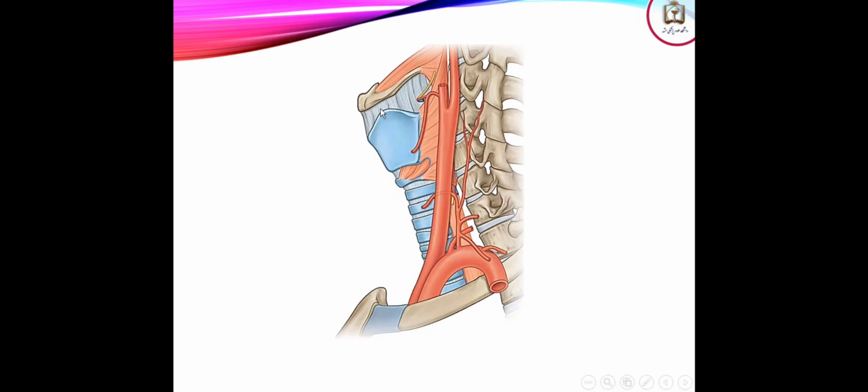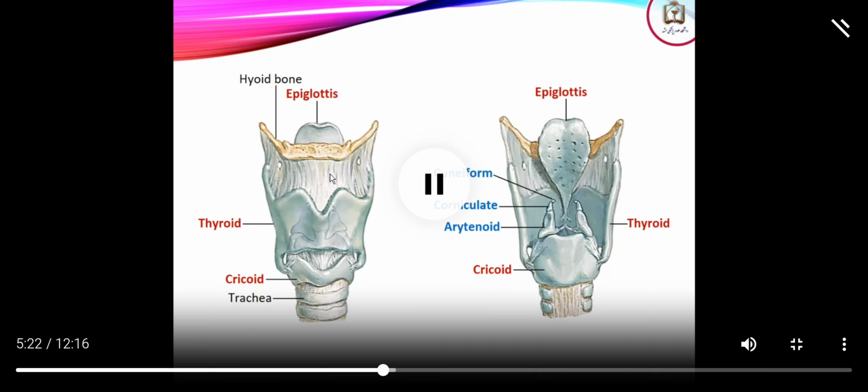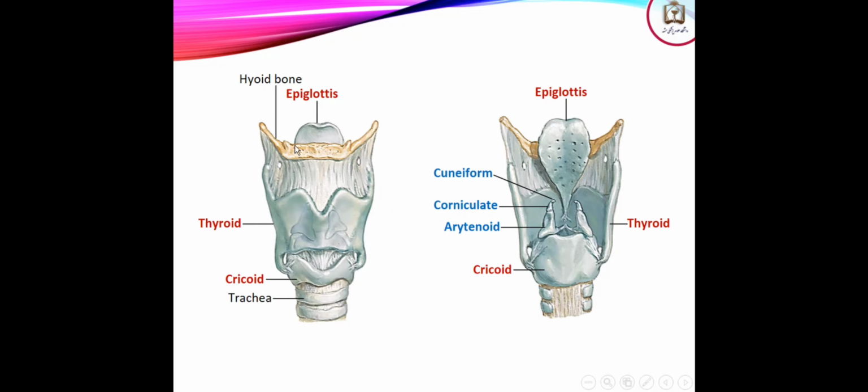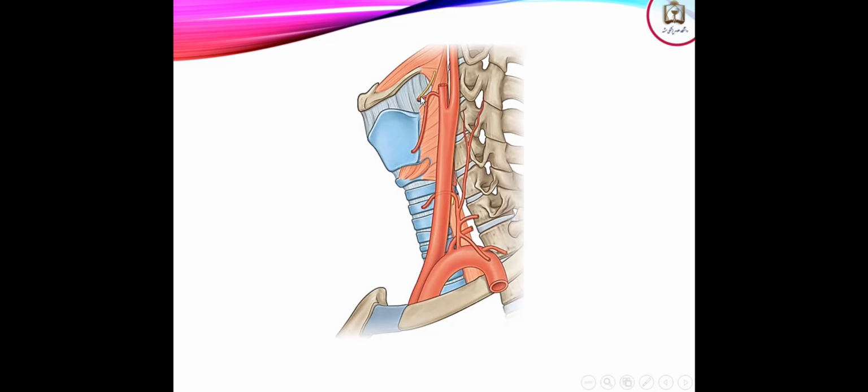And this membrane between the thyroid and the hyoid bone is called the thyrohyoid membrane. And here you can see a foramen on either side of the membrane. This foramen is for passing some branches of nerve and vessels.